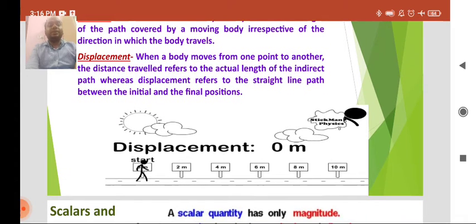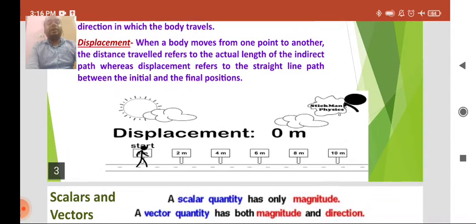As seen in the figure, suppose an object starts from the rest position and comes back to the same position. Then displacement will be 0. So displacement is the shortest distance between the two points. Displacement is a vector quantity. Its unit is meter.